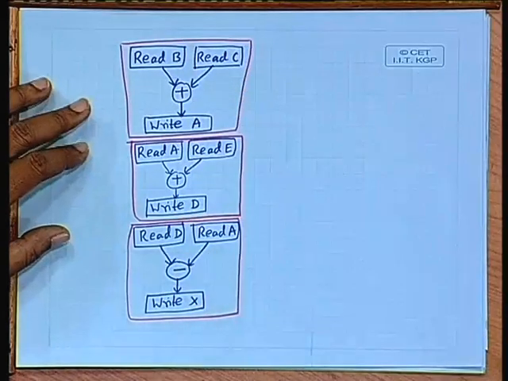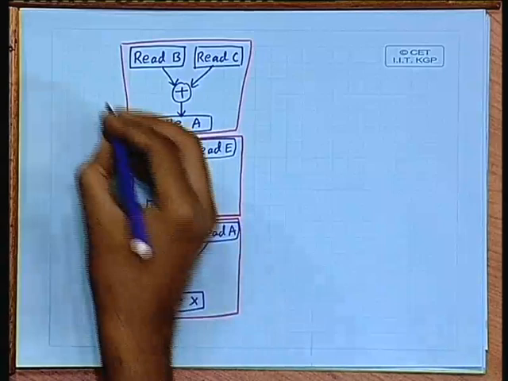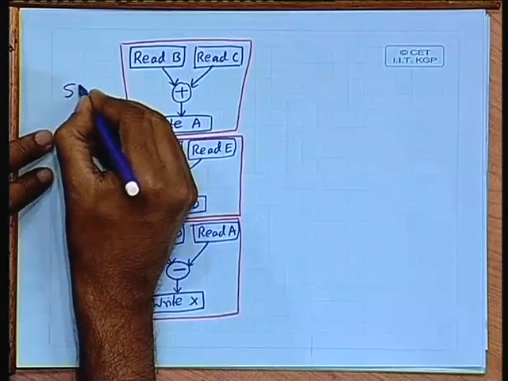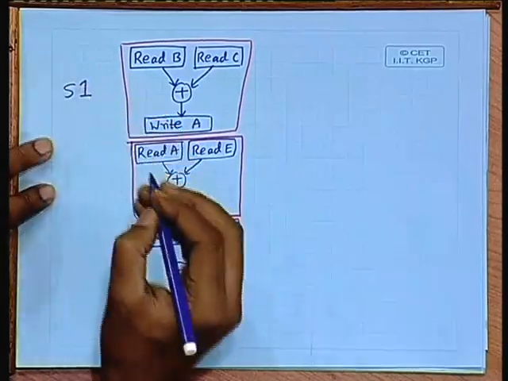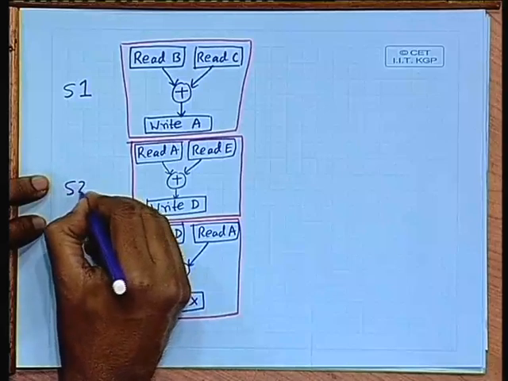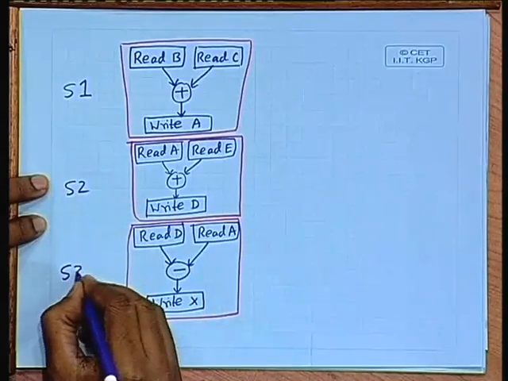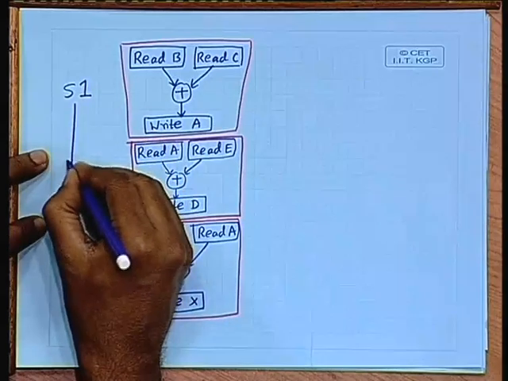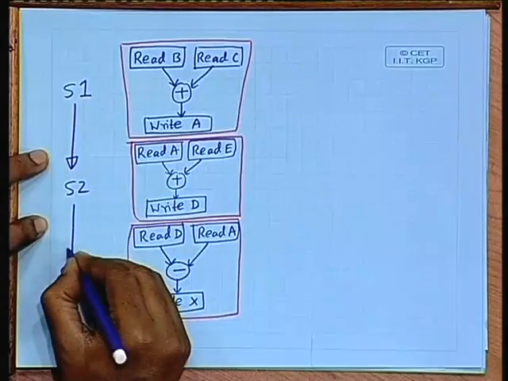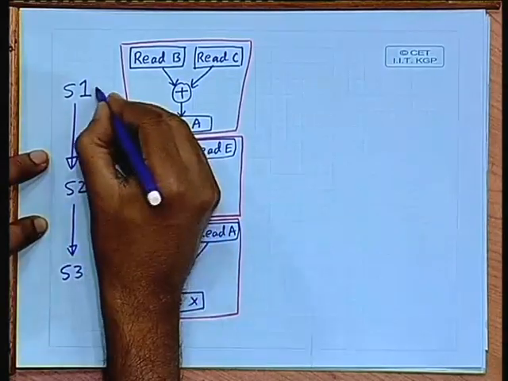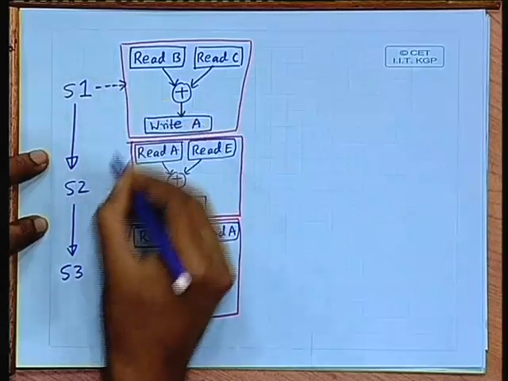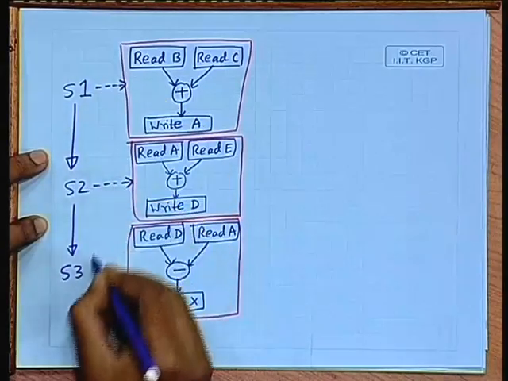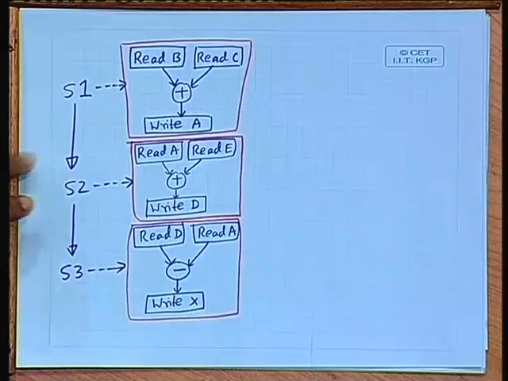So, in addition, there has to be some kind of specification that this is statement 1, this is statement 2 and this is statement 3, and the statements must be executed in sequence. This corresponds to S1, this corresponds to S2, this corresponds to S3.